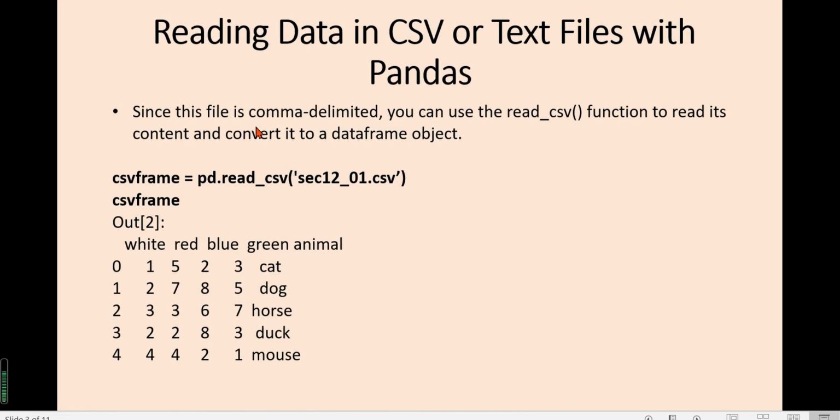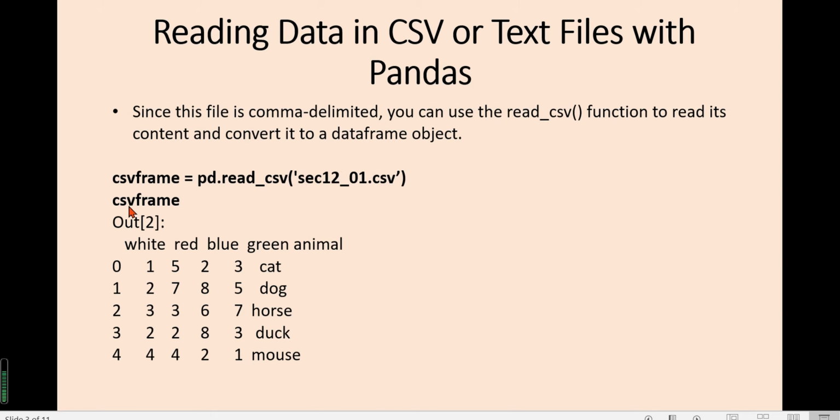Since this file is comma delimited, you can use the read_csv function to read its content and convert it to a data frame object in Pandas. So we can write pd.read_csv, then the full name of this file, in parentheses with quotes.